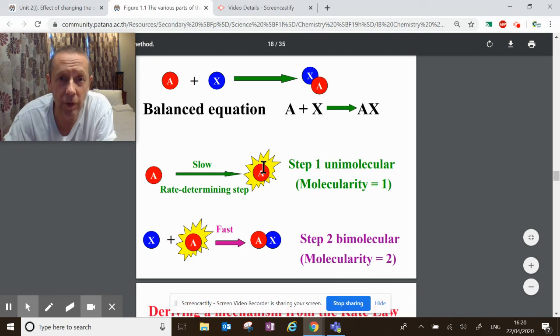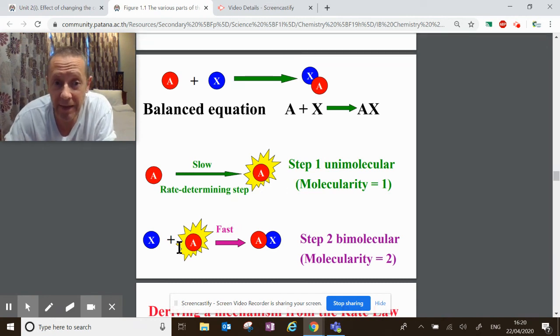Now, if we were to look at the net effect of these two separate steps, A reacting to make an intermediate, and then X reacts with the intermediate, so that then disappears, and we get the final product. Now, you've seen before how we can combine two equations together.